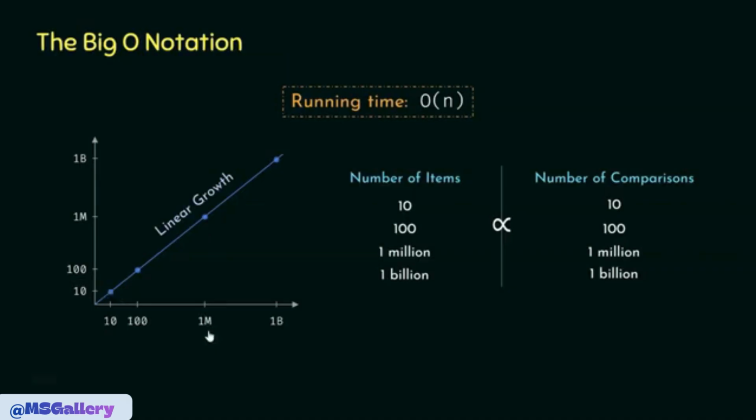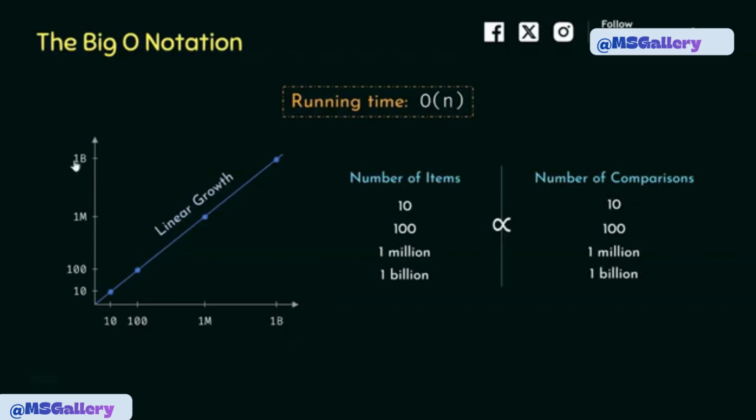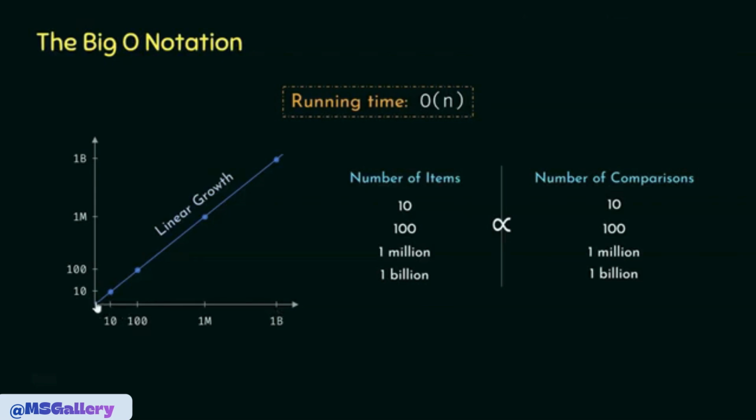If there are 1 million items, then there are 1 million comparisons. If there are 1 billion items, then there will be 1 billion comparisons. So the growth rate is linear. This means as the size of the input increases, the number of operations increases with the same rate. This is linear growth. I hope the concept is now completely clear.